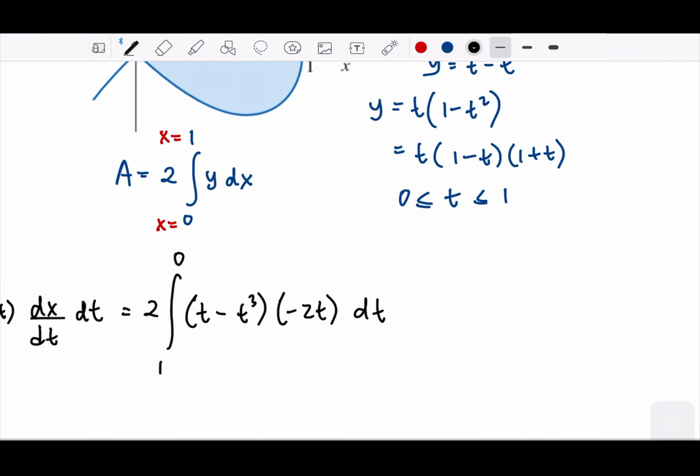Okay, maybe we can write here. So this will be negative 2t squared plus 2t to the power of 4 and dt.